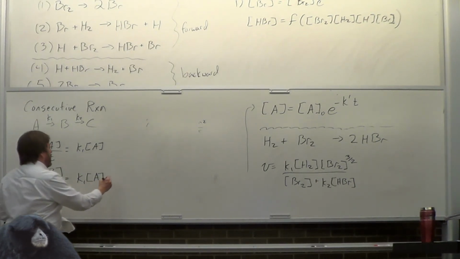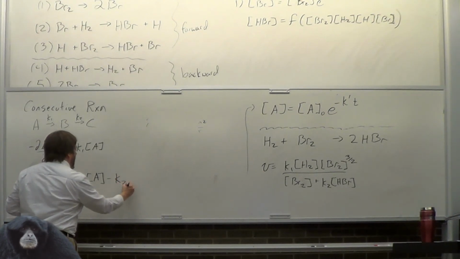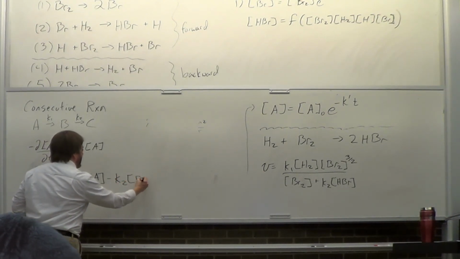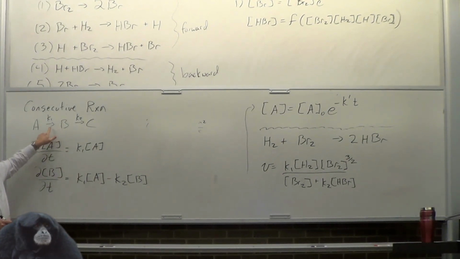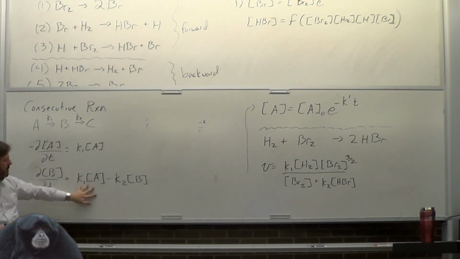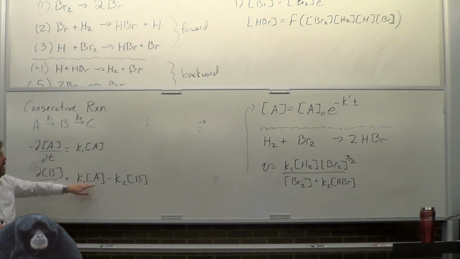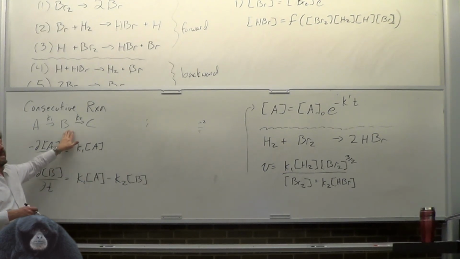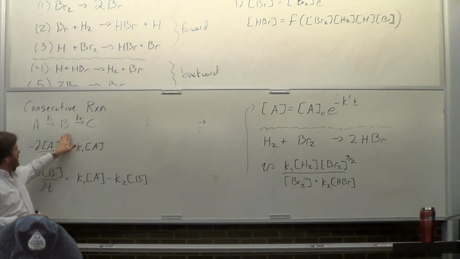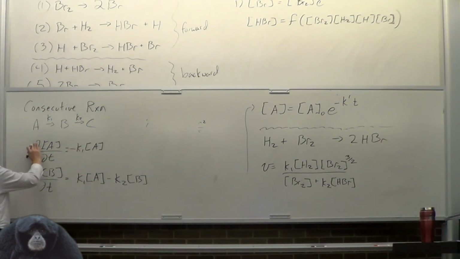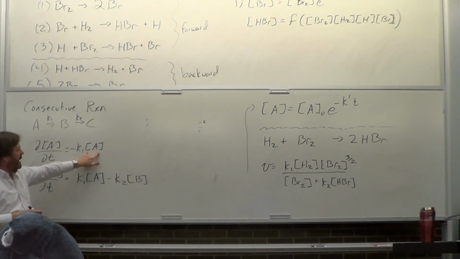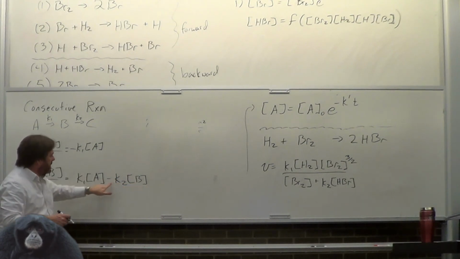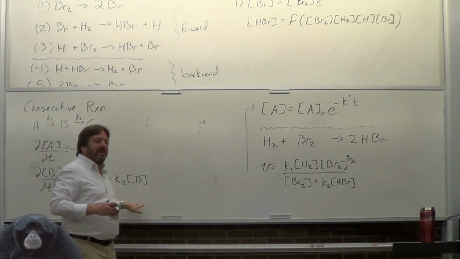It's lost due to its own presence. Positive source, positive expression, but there's a sink. The sink is itself. Just like A is its own sink to form B, B is its own sink to form C. So that's how you do C.